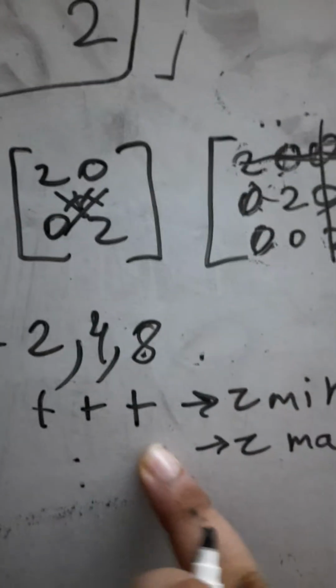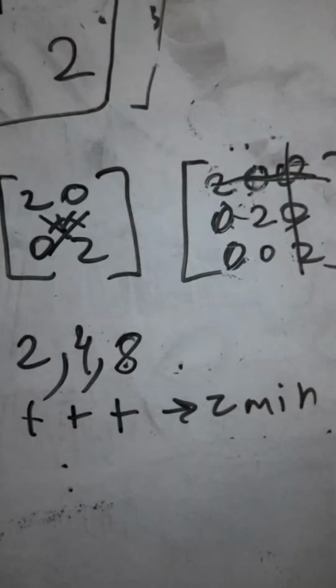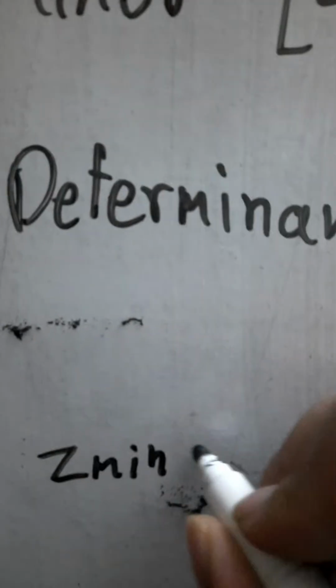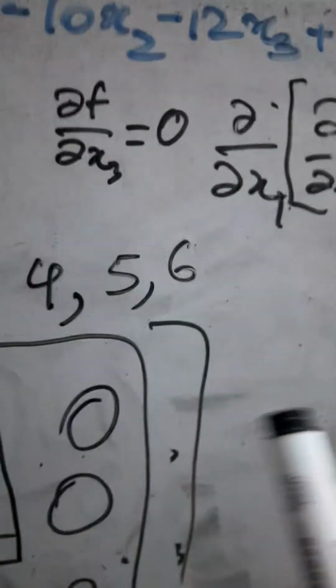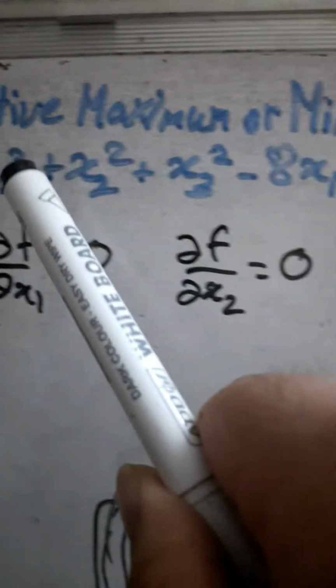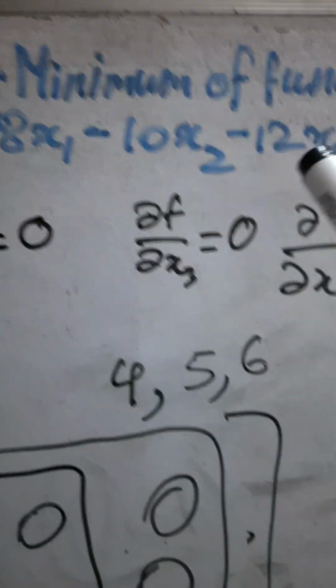So we have all positive determinants, so z min. So z minimum equals, we would write z minimum. So how to find z minimum? We have to put the stationary points we got, 4, 5, 6, from these three equations, into this equation of z, then we are going to get z minimum.